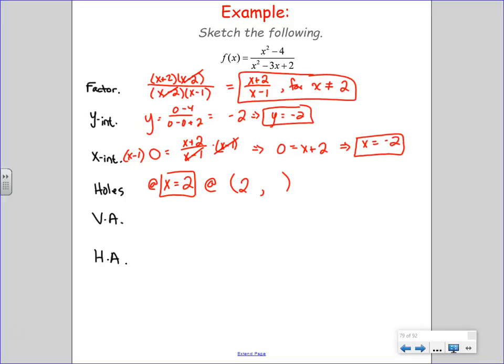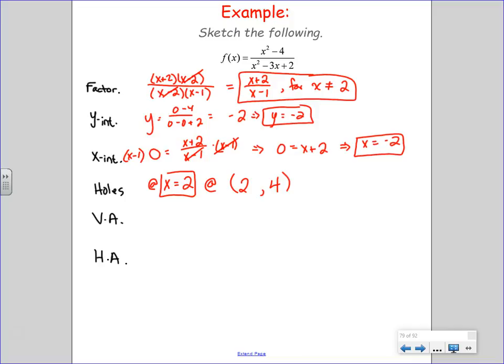But where can I plug it in? Because when I cancel out the hole, I can see where it should be, but it's not. So if I plug in 2, 2 plus 2 is 4 over 2 minus 1. I know even the point to put the hole, which may prove helpful as I go to sketch a graph.